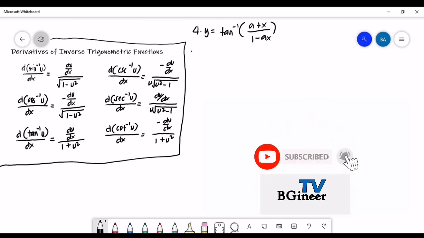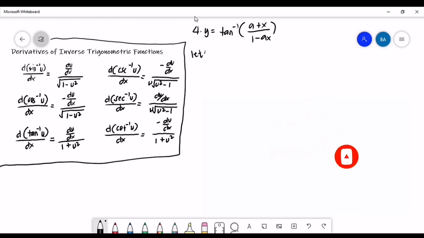Let m equal (a plus x) over (1 minus ax), and then we could rewrite this.